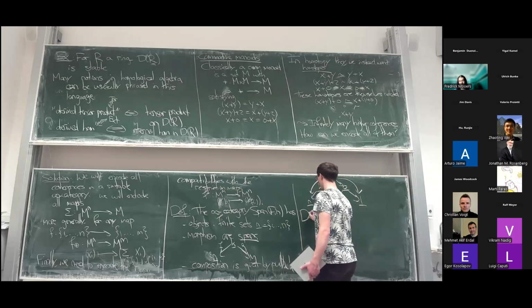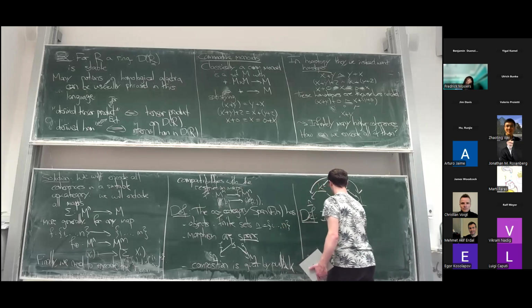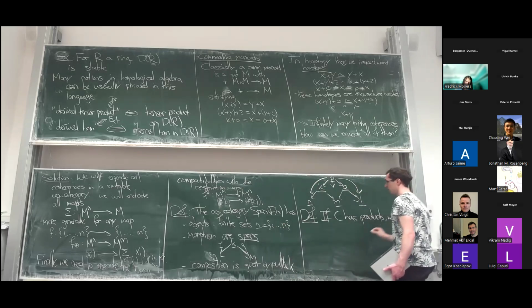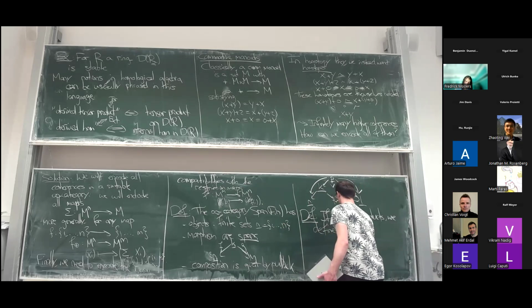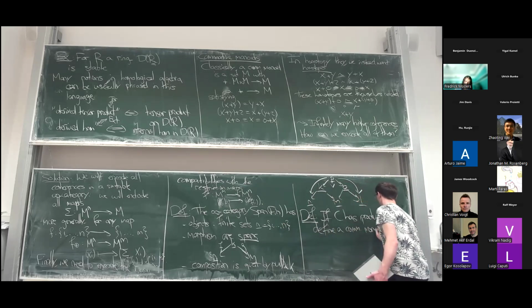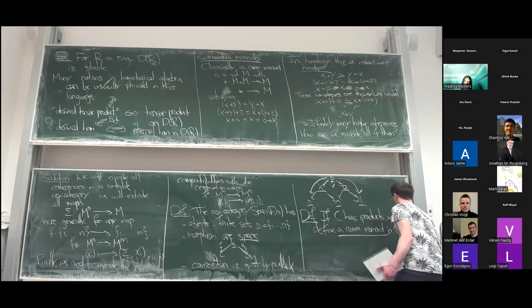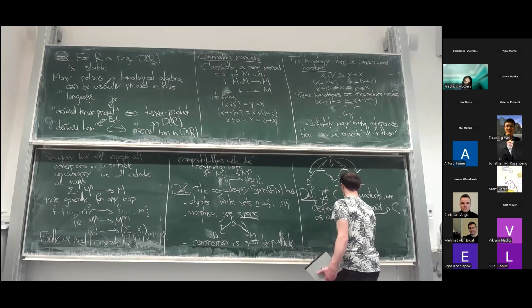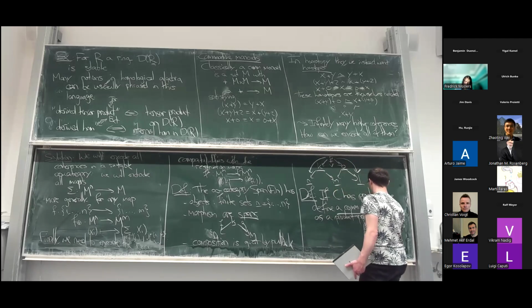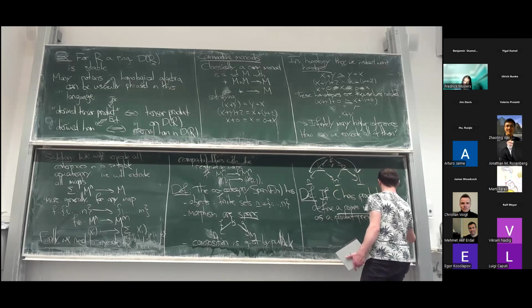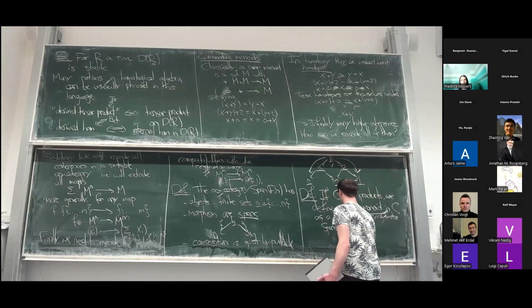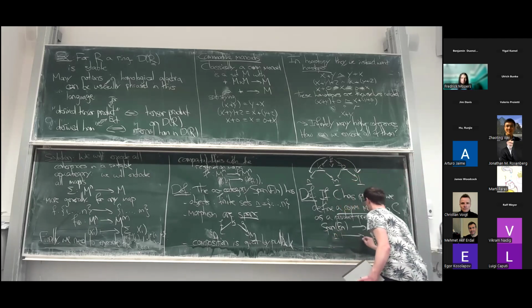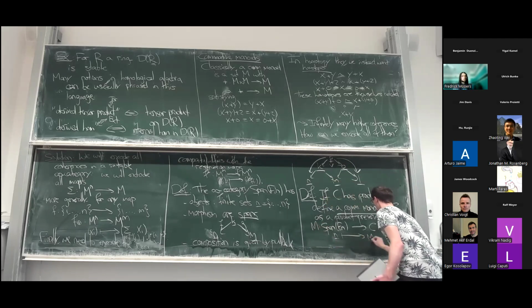And now we can finally define what a commutative monoid is in C. Namely, it's just a product preserving functor from this span category of finite sets to C. So it sends this n bar to some, let's call this M, M underline.